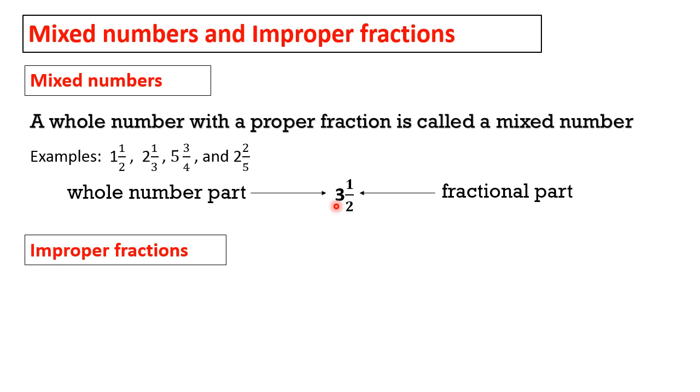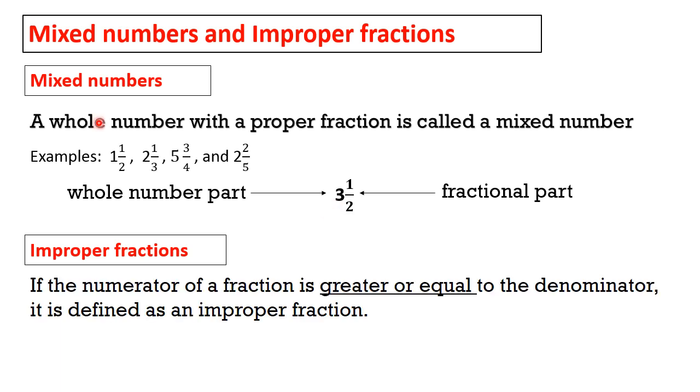An improper fraction means the numerator of a fraction is greater than or equal to the denominator. So unlike a proper fraction, here the numerator is greater than or equal to the denominator. Such fractions are called improper fractions.